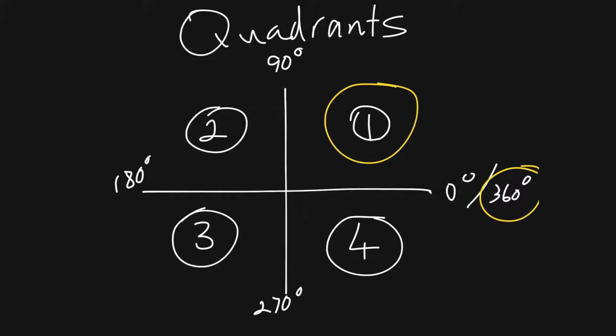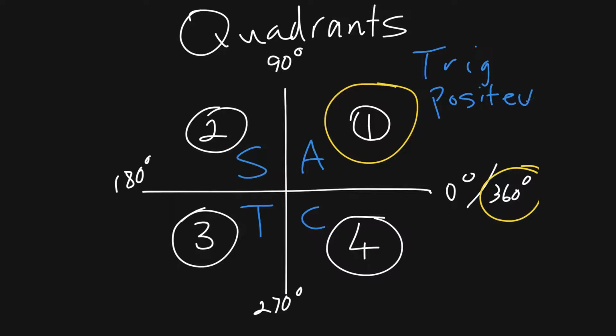The quadrants are really useful because, using a little mnemonic, a memory term, we can tell which of our ratios are positive in each one. The trig ratios that are positive in each quadrant are shown in blue.